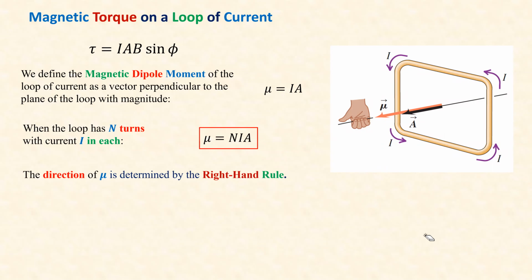Okay, so mu is perpendicular to the plane of the loop, so it could be this way, could be the other way, right? But the right-hand rule distinguishes between these two. So it says that you put your four fingers of your right hand around the current that's going around the loop, and your thumb shows the direction of mu. All right? Does it make sense?